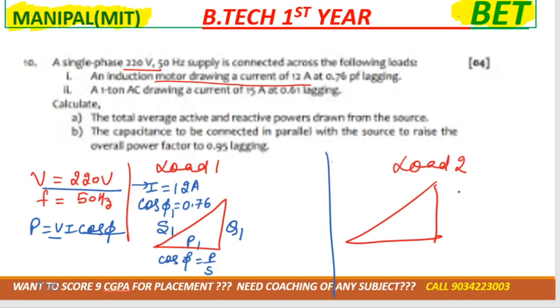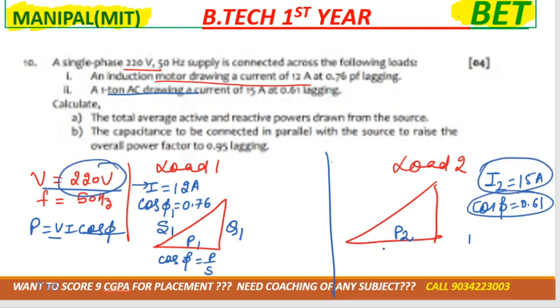They said a single phase AC current I2 is 15 ampere and cos phi 2 is 0.61 lagging. So again we need to calculate P2, right? Because P2 is voltage is same, current is this one, cos phi is this one. We can get P2, and if we'll have cos phi, we can have S2 and we can have Q2, right?